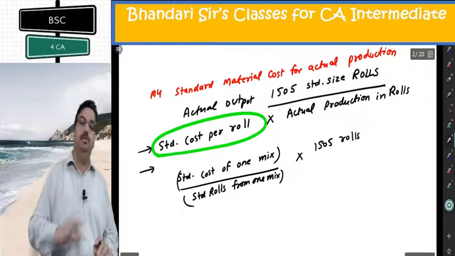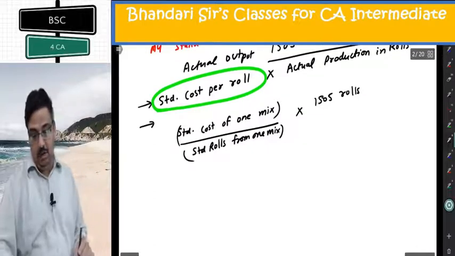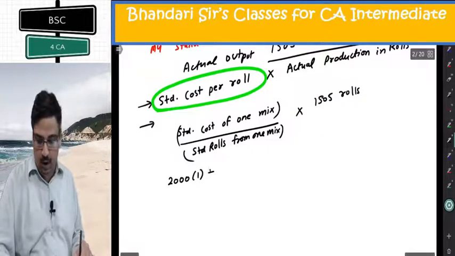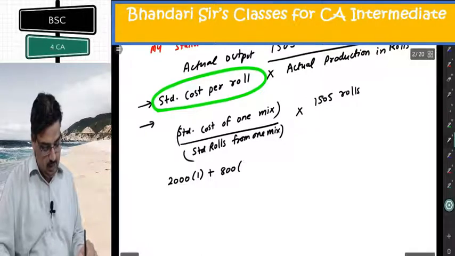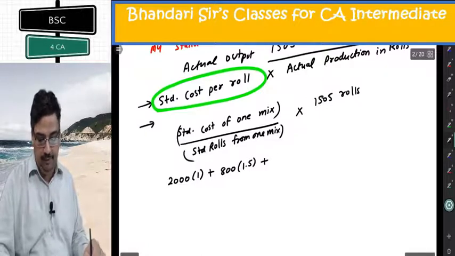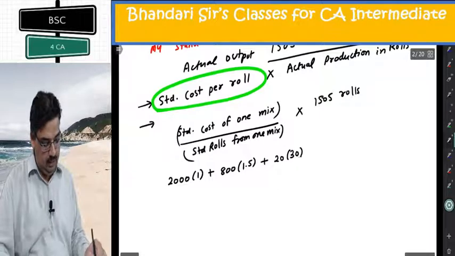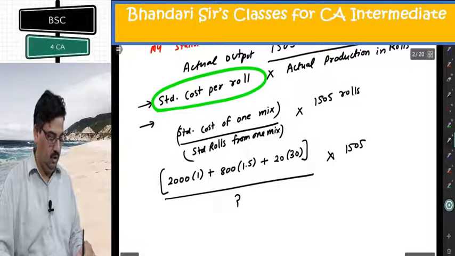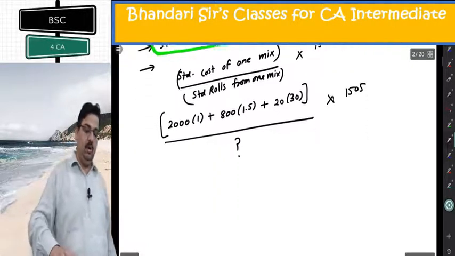Actual production is known. Standard cost of one mix is very simple. 2000 into 1, 800 into 1.5, 20 into 30, divide by question mark. That is important to understand.